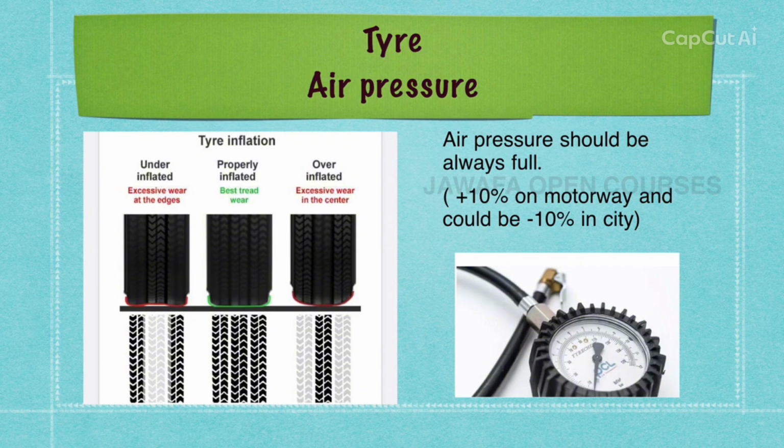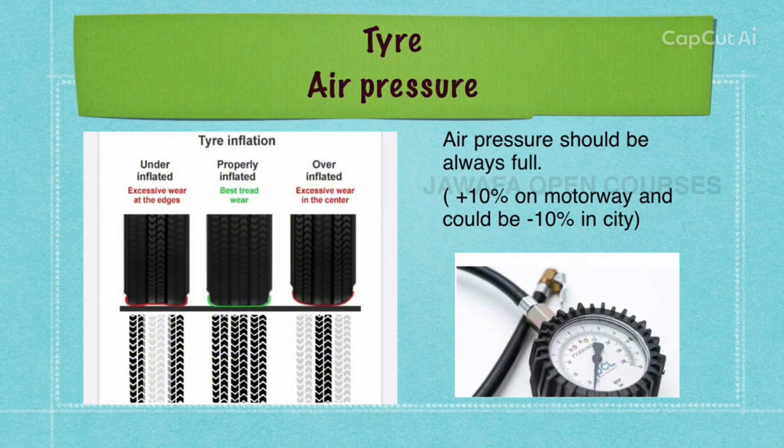An example of this is that if your car's PSI should be 25, if you are going to travel on the motorway and you know you have a long journey, then setting it to 28 is also fine. But if you are driving inside the city and not going at high speed, you can even bring it down to 22 and it will still work.